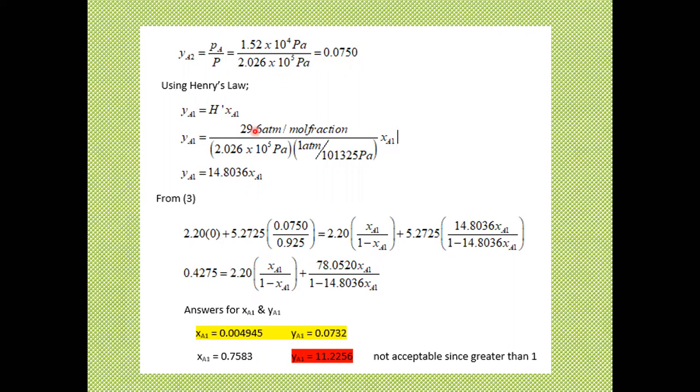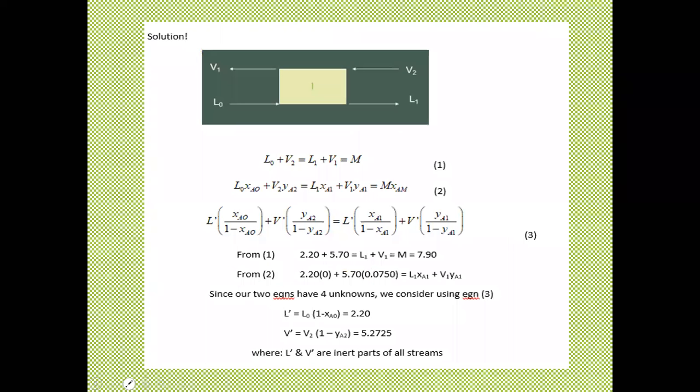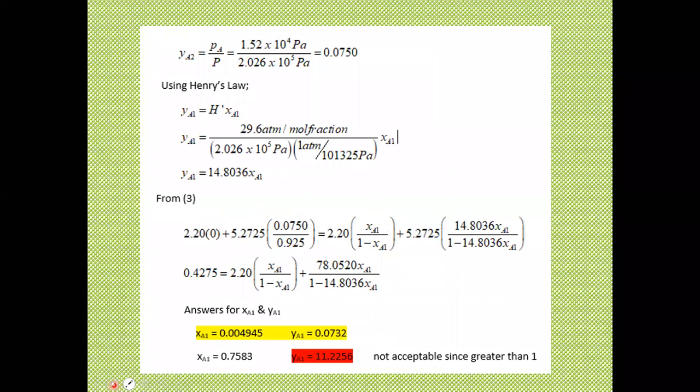So this 0.0750 was the one that was substituted here to get the V prime that we need in equation 3. But again, our problem, as I have mentioned, is the relationship between XA1 and YA1, because these two are the remaining unknowns in equation number 3. So you need to have a relationship for these two.